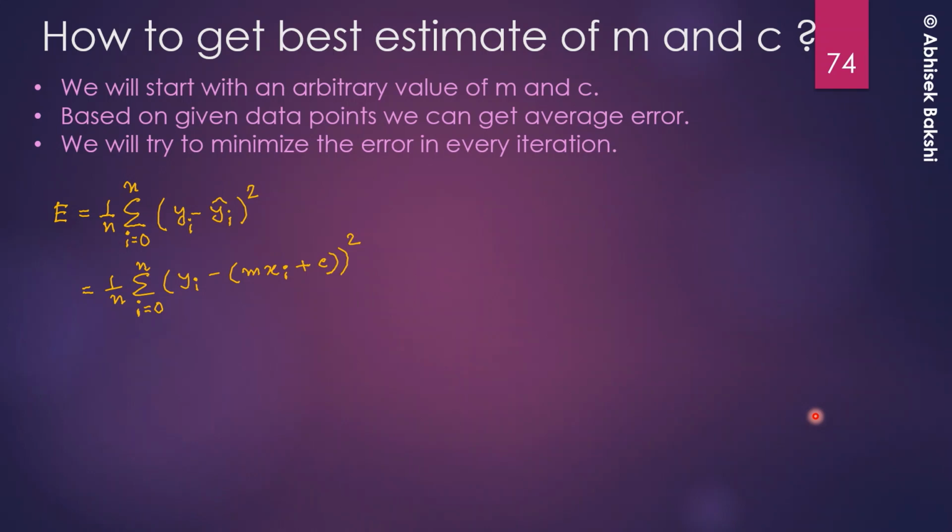Similarly, for example, the actual value is 5 and you have got 1, so 5 minus 1 is 4. In both cases, we have a deviation of 4 from the actual value. But if you add these two directly, then minus 4 and plus 4 will cancel out and it will show no error. But that is not true. That's why we make it squared, so that whatever the result that we will get will always be positive. There will be no chance of cancelling one with the other.